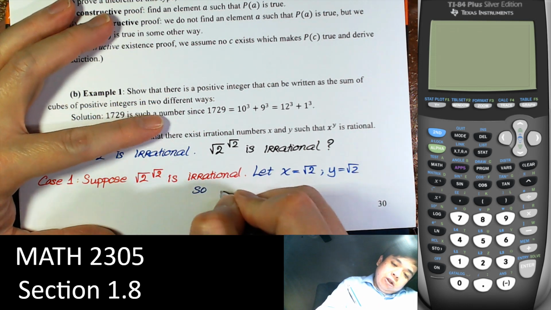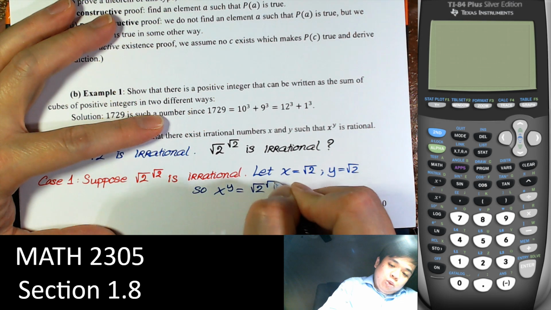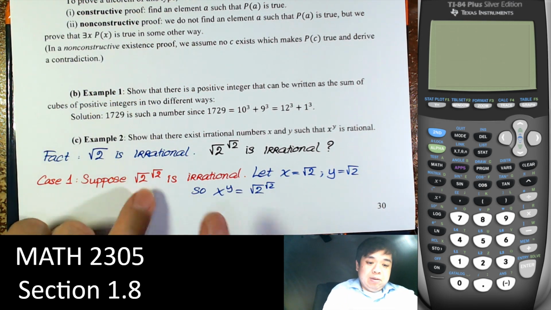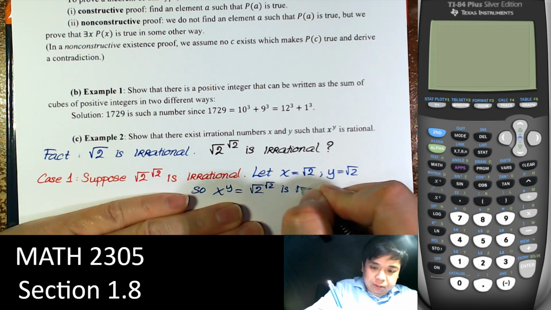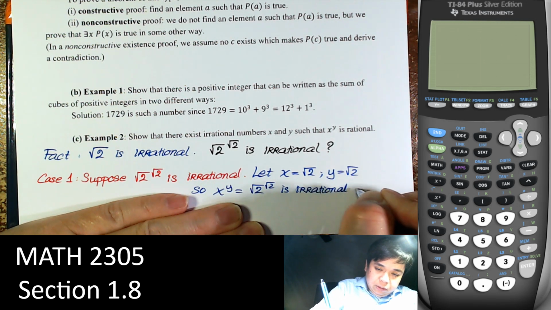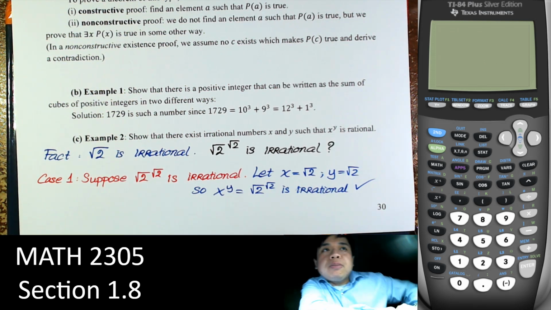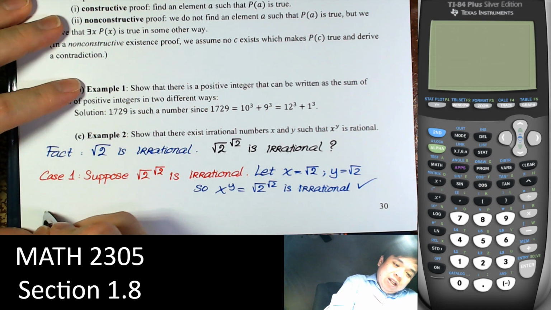So x to the y is square root of 2 to the square root of 2, and by the assumption it is irrational. So that's good, because we assumed it. And then you say, what if it's not? Well, I'm glad you asked.